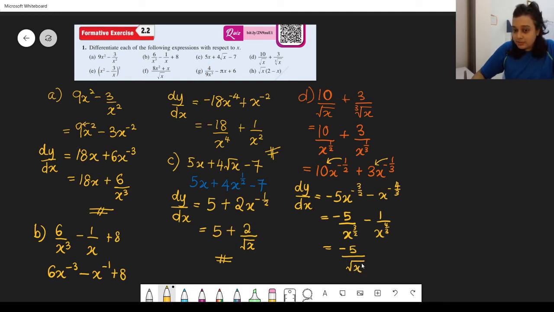The x will be inside, power of 3. The numerator will be the power, the denominator will be the root. So now I think you know what we should write for the second one. This will be cube root: the 3 will go outside, and the 4 will be the power. So this is our final answer, negative 5 over square root of x cubed, minus 1 over cube root of x to the power 4.